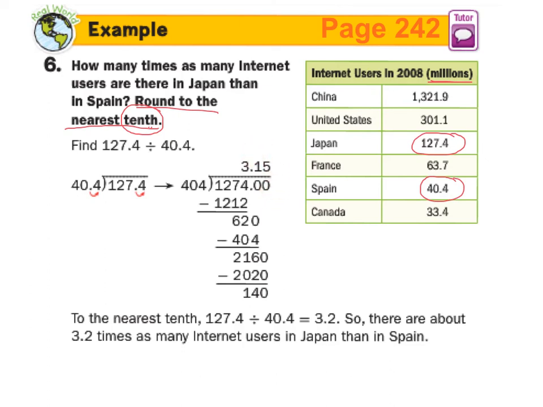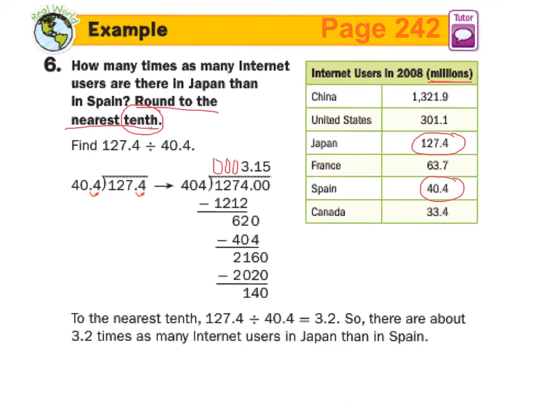So here they took 404 and it went into the 1 0 times, it went into 12 0 times, it went into 127 0 times. Then they found that 404 times 3 gave you 1,212. They subtracted and got 62.